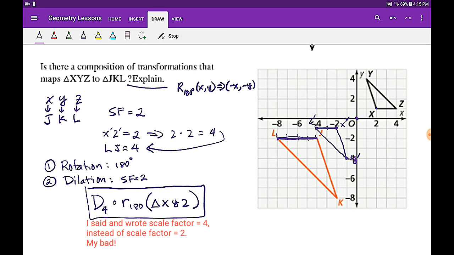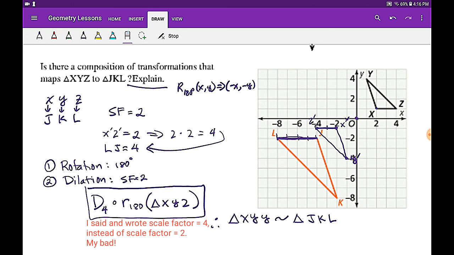So now, what do we conclude? Since we were able to come up with a composition of transformations involving a rigid motion and a dilation, a non-rigid motion, to map triangle XYZ onto triangle JKL, our conclusion here is that triangle XYZ is similar to triangle JKL.